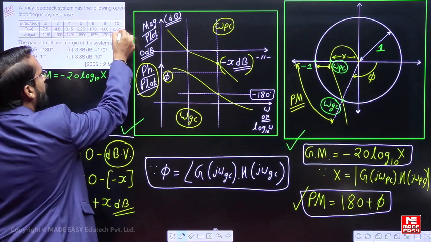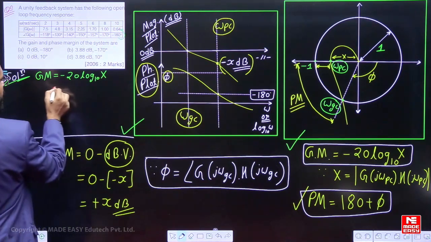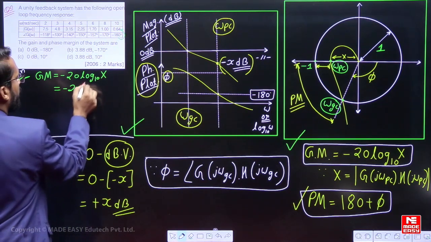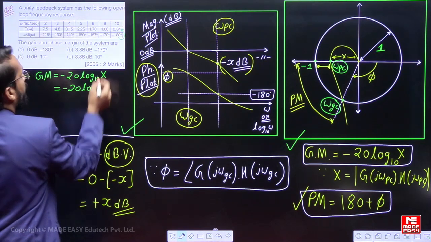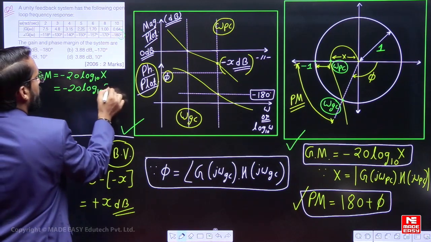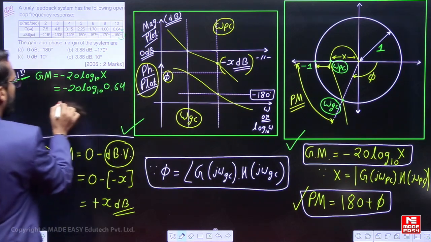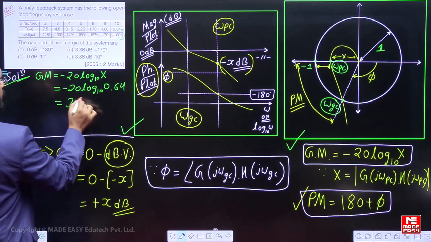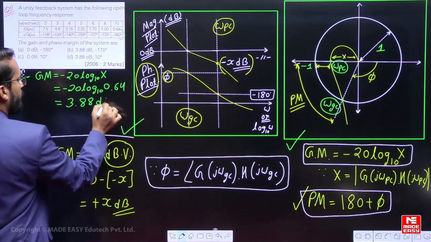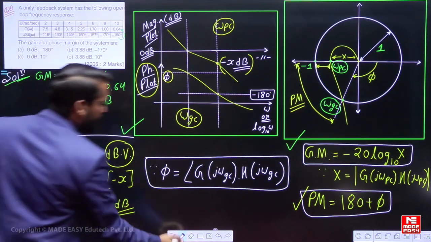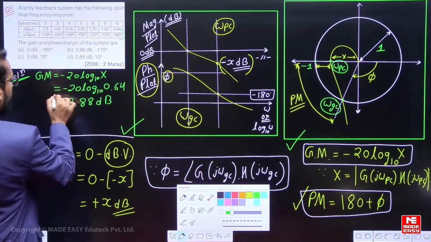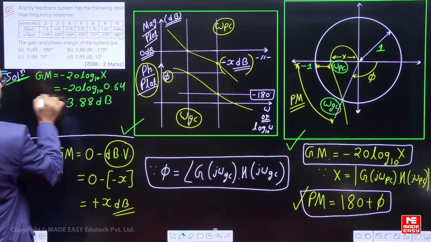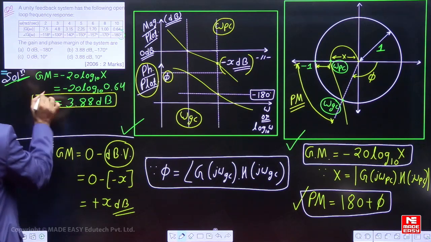So this is our x. So I will write here minus 20 log 10 of x, and x is 0.64. From here we are going to calculate and we get 3.88 dB. So this is our gain margin.